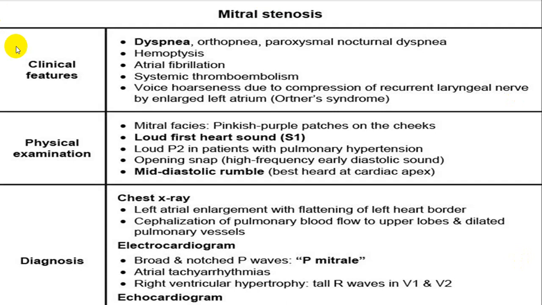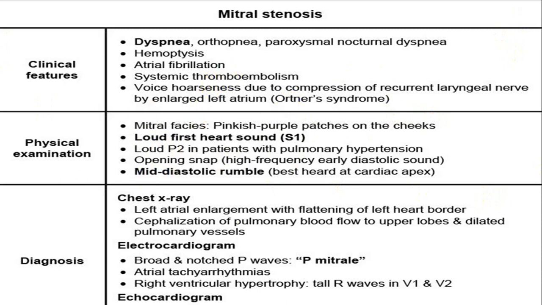These are the typical features which we have already described: dyspnea, orthopnea, PND because of pulmonary edema, hemoptysis, atrial flutter fibrillation producing palpitation, systemic thromboembolization, Ortner syndrome, and a pinkish purplish face. We have already described the first heart sound will be loud. You will have an opening snap, mid-diastolic murmur with end diastolic crescendo murmur, and these are the findings.